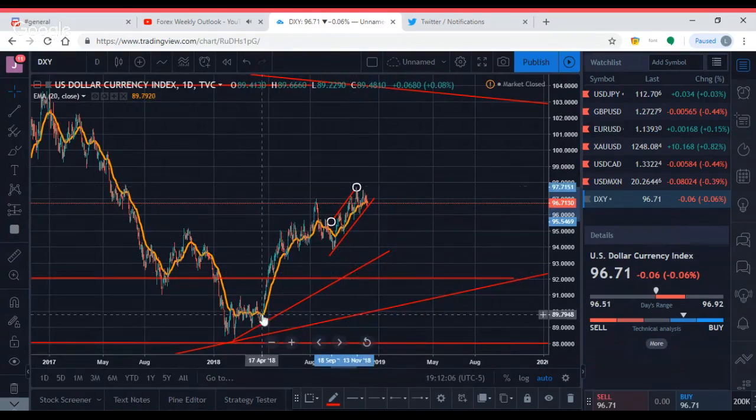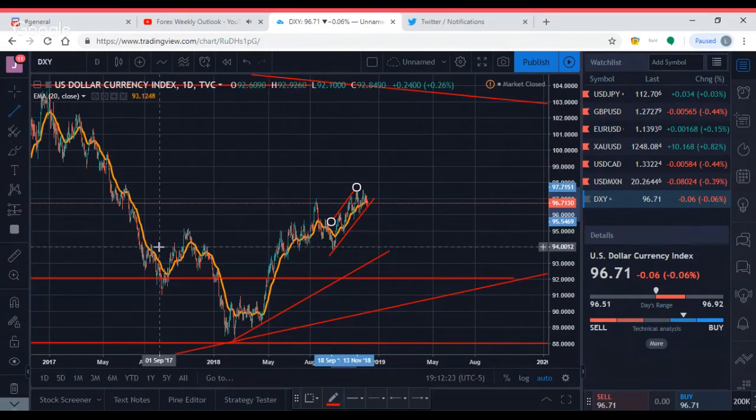But it's just up, up, up. It did retrace here, but it's not enough. I think it'll come back down to this line, or even back to this support right here.